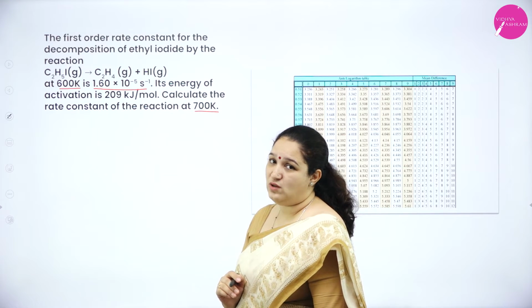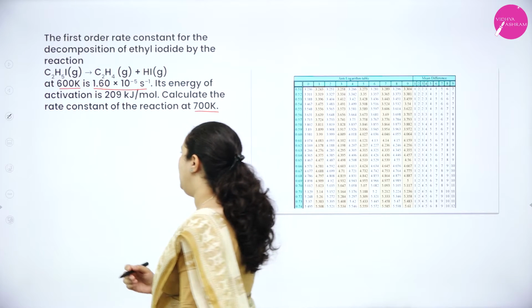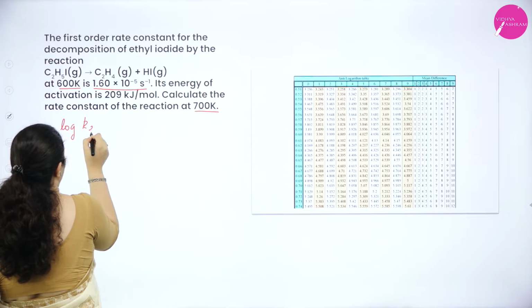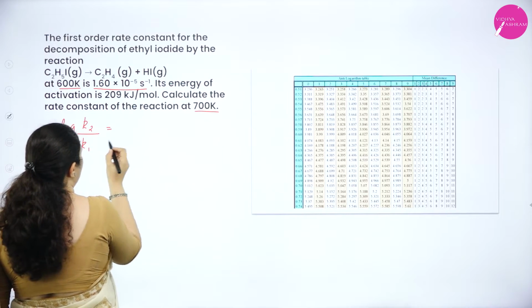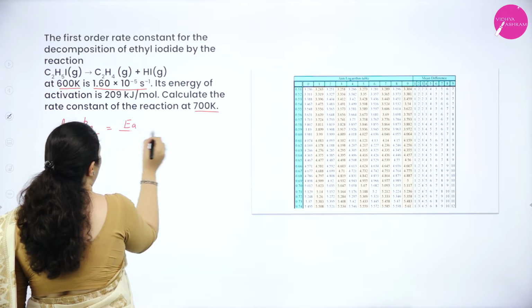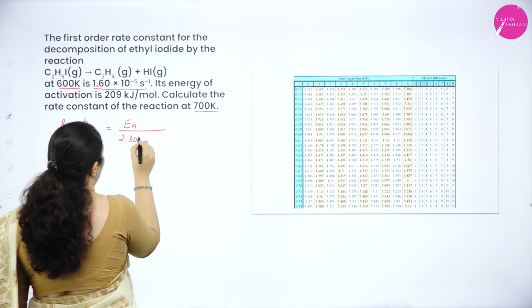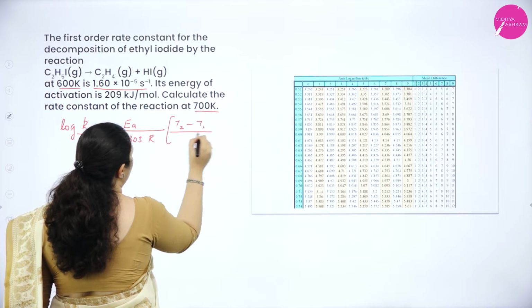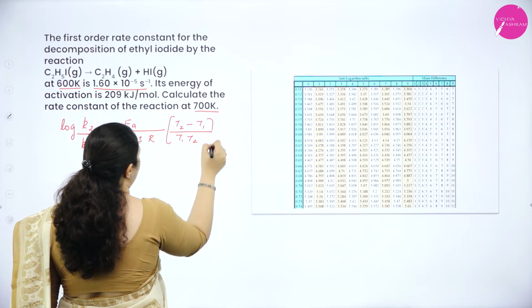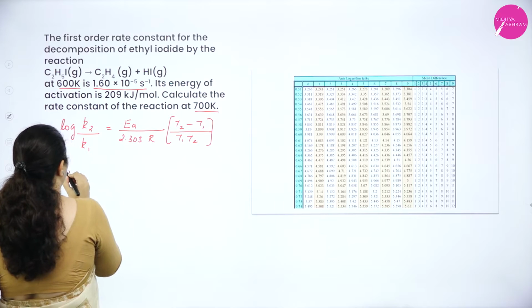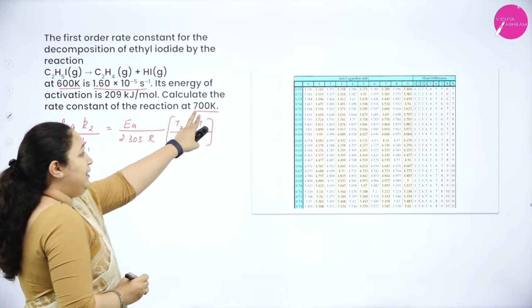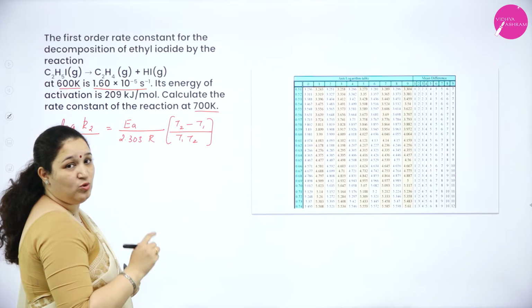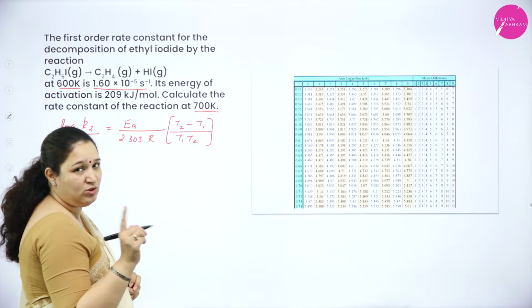So how do we solve this? First we'll write the formula. Log K2 by K1 is equal to EA by 2.303 R into T2 minus T1 by T1 T2. See, temperature 700 is higher than 600. So K2 you are supposed to find out, not K1.